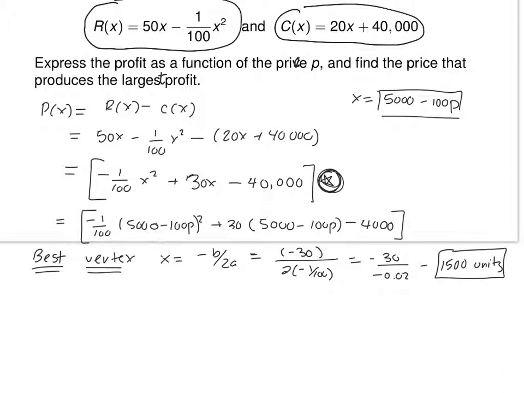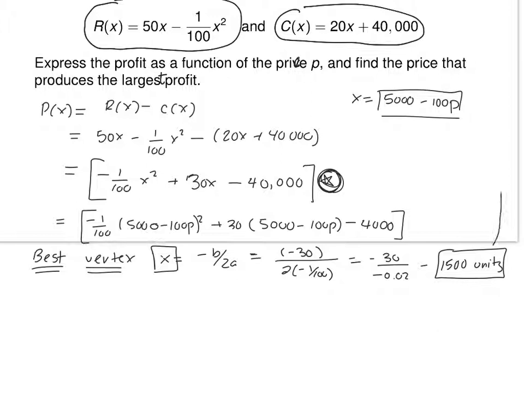That's not your answer. It's almost there. It is x. So this tells you how many things you would sell at that best price. How would you figure out what to make that price? Reverse engineer by putting this into that equation.